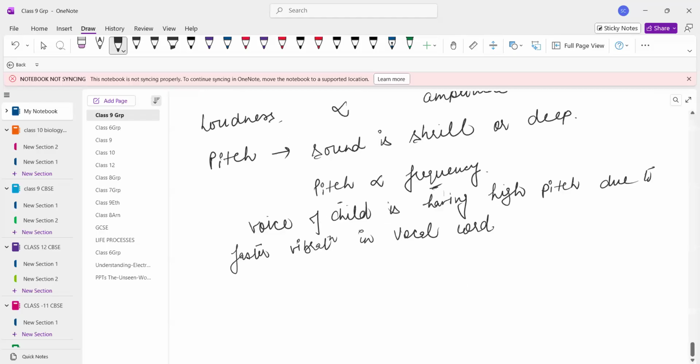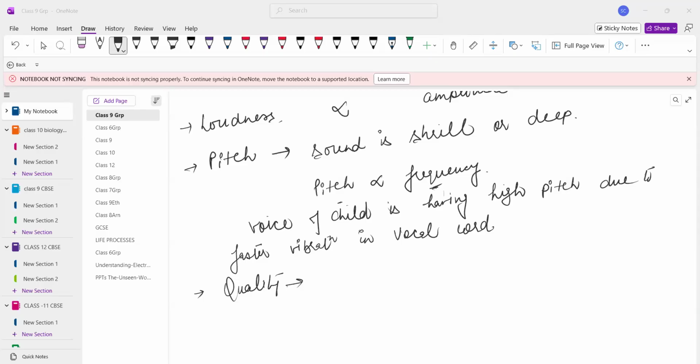And one more thing, what is quality of sound? Quality or the timbre of the sound. Suppose we are sitting in a concert and different instruments are there.